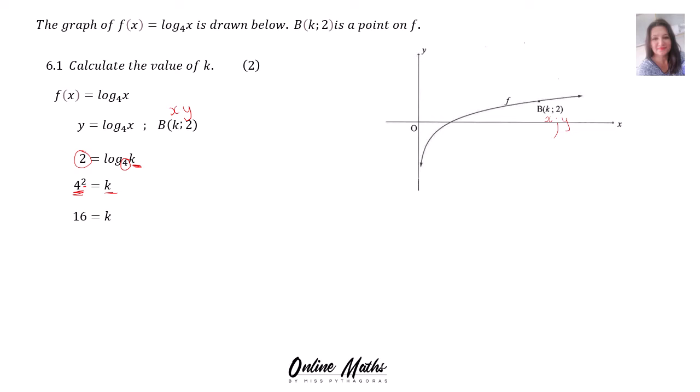And then you work it out. 4 squared is 16. So that means that your point B is in fact the point (16; 2), where the x value is 16 and the y value is 2.